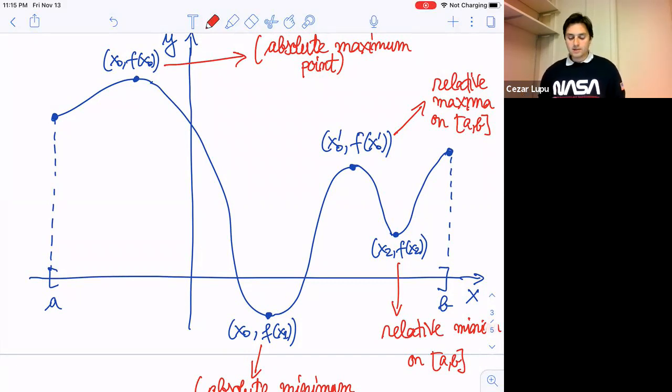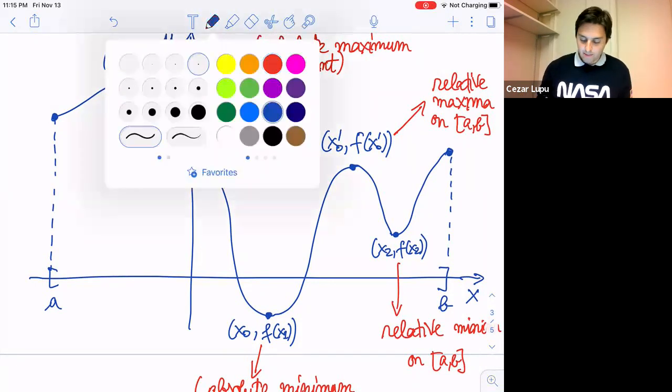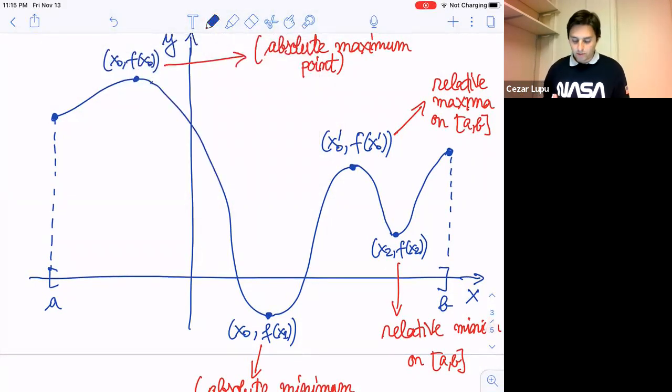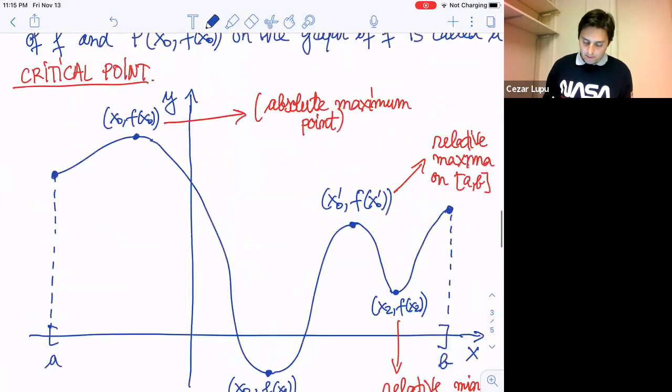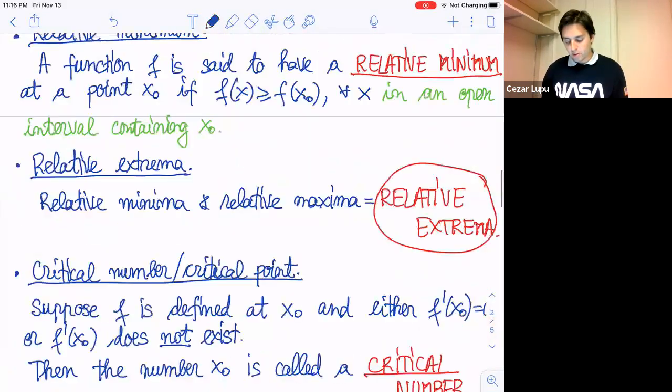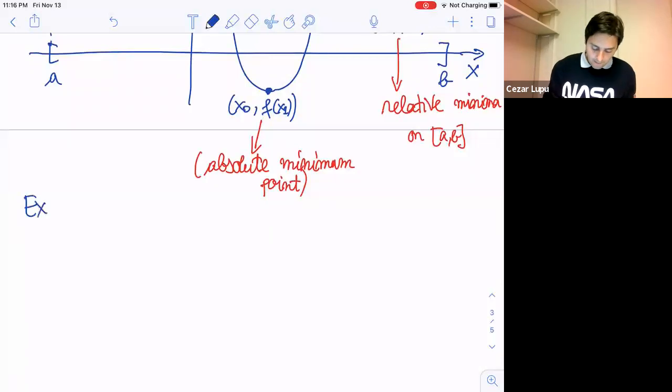Okay, now let's see some examples. We'd like to see some explicit examples of how to operate with this. I think this will be example number 3. Anyway, I'll just call it an exercise. I'm not going to number it from now on.